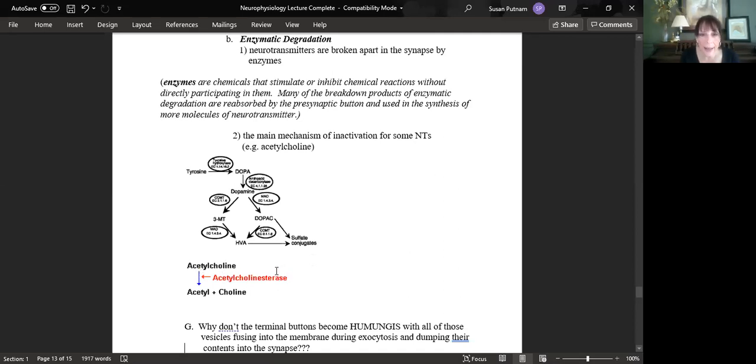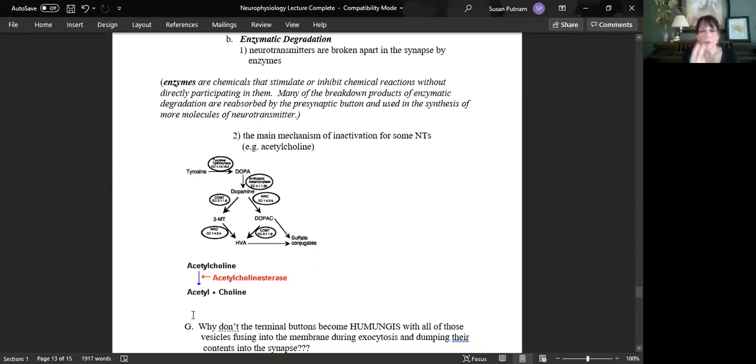There is an enzyme. See that ASE at the end? That's an enzyme. It means it's an enzyme. Acetylcholine. Oh, I pretty much love that because it's the name of this esterase that will then break acetylcholine into acetyl and choline. Love it. Simple. Makes sense.